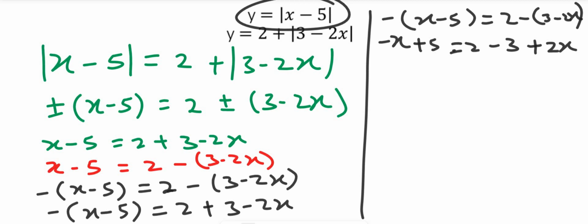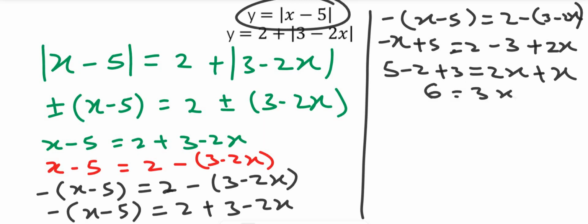So I can say 5 minus 2 plus 3 equal 2x plus x. So here you have 6 equal 3x. Divide both sides by 3. X is equal to 2. I got a value of x to be 2. I need to check if this satisfies or not.